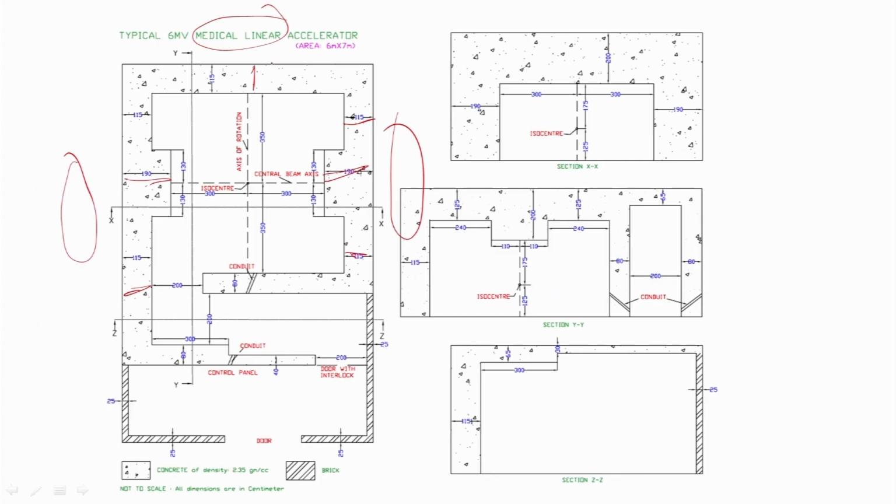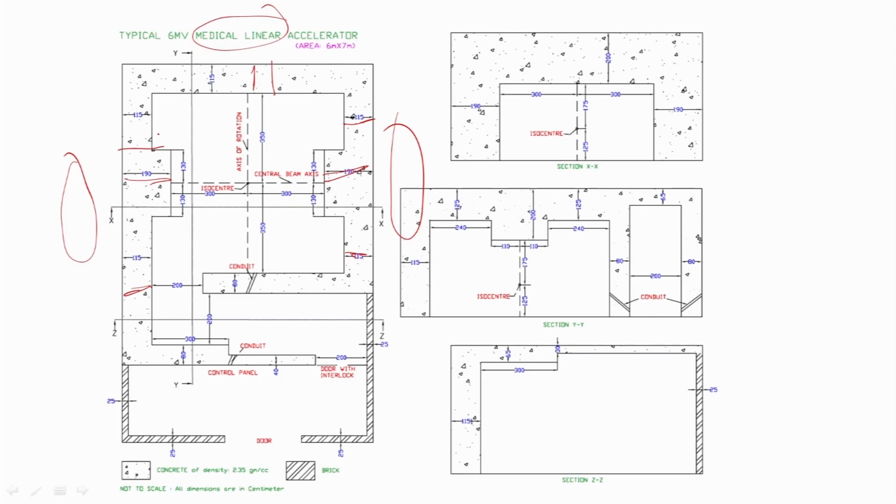So for calculating the barrier thickness, you must know the workload, the occupancy factor, and the use factor. Use factor, I said, is the fraction of time for which the gantry faces the primary barrier. So for primary barrier it is 1, for secondary barrier it is half. Considering all these factors, after putting them into the formula, you can calculate the barrier thickness of a primary.